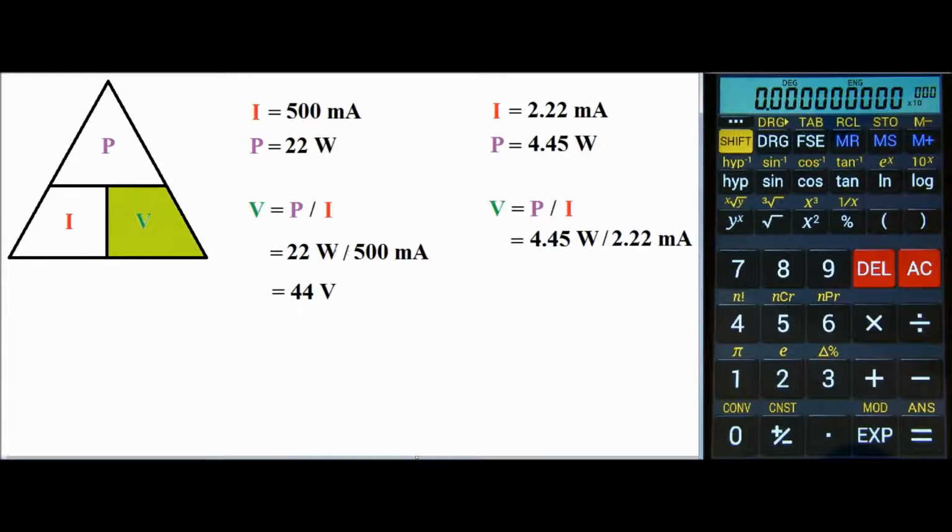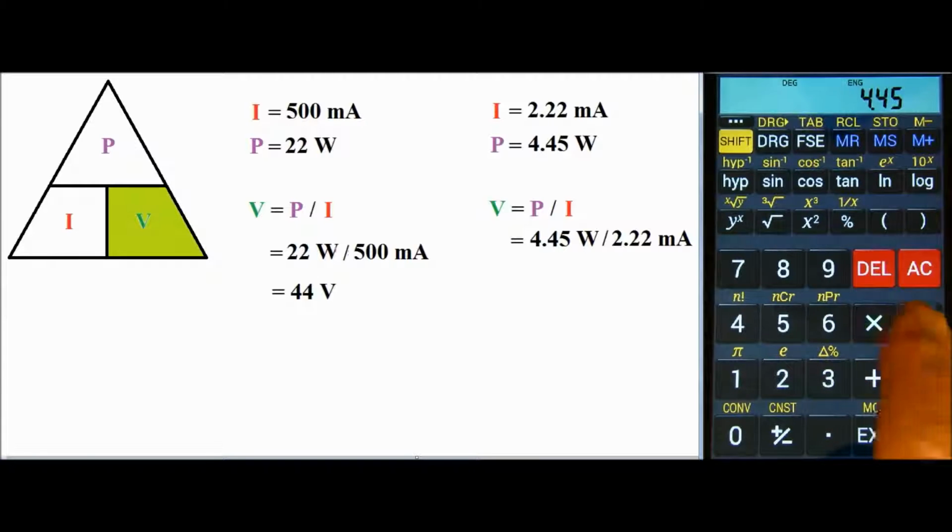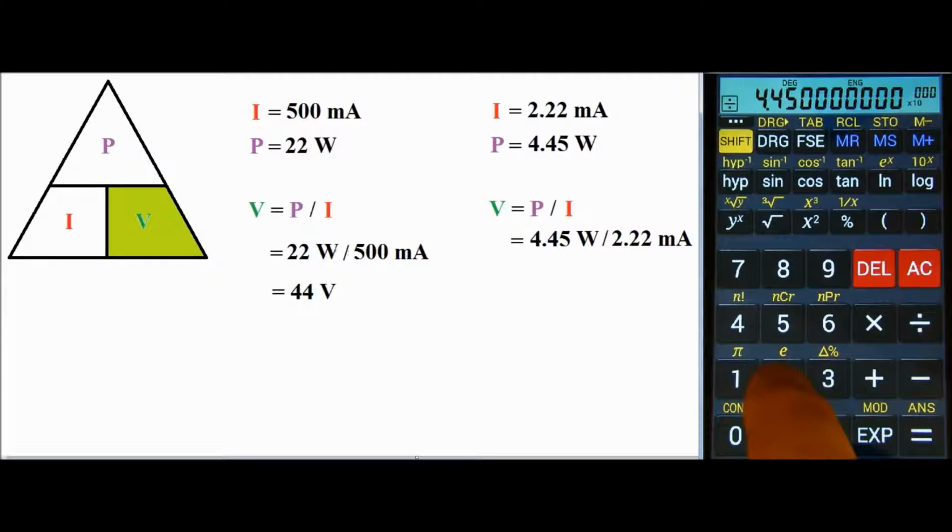Our I is 2.22 milliamps. So 4.45 watts divided by 2.22, and of course it's milli, exponent -3. And it gives an answer of 2.005 volts.